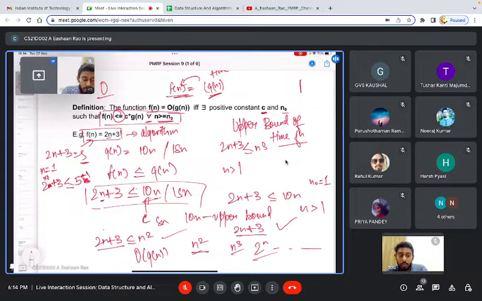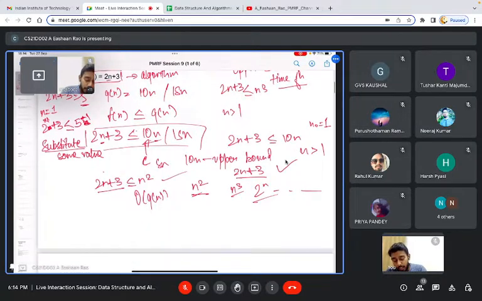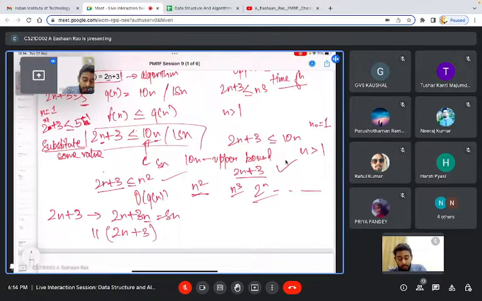So you substitute some value and find the minimum nearest value. That is one way. Another way is that you have 2n plus 3n, you just add another n here, and then you can say 5n. Or you can multiply by some constant here.